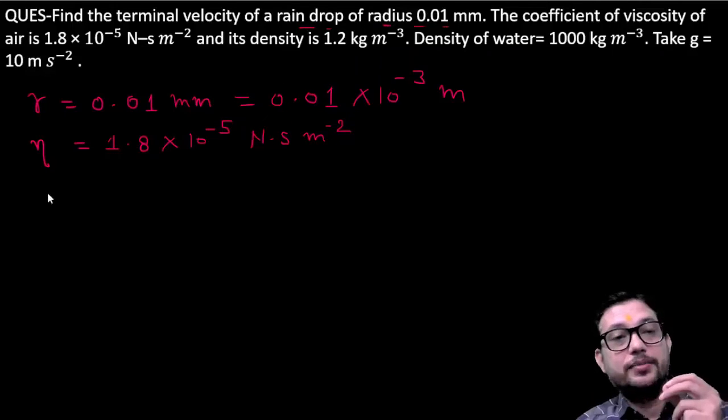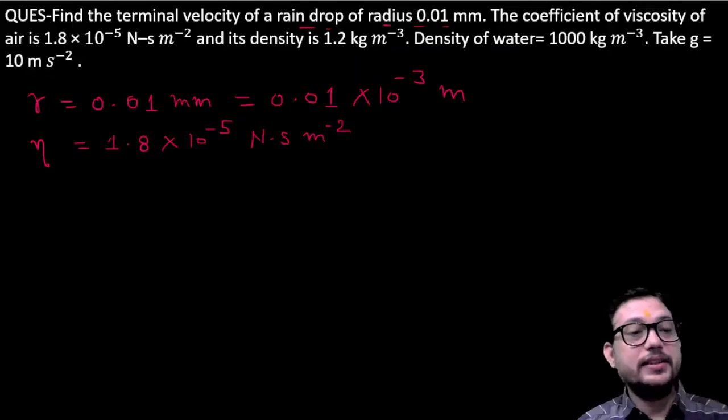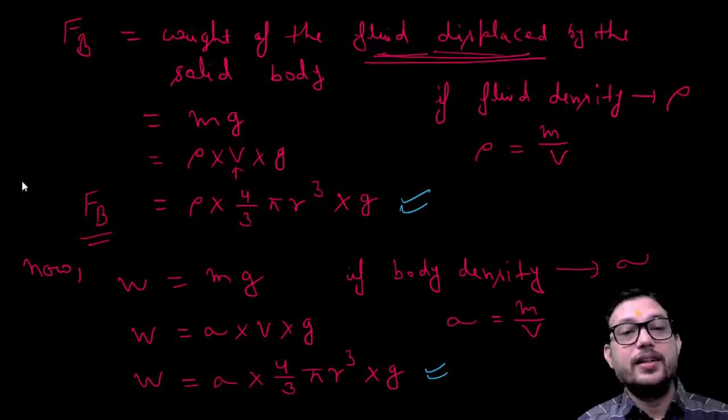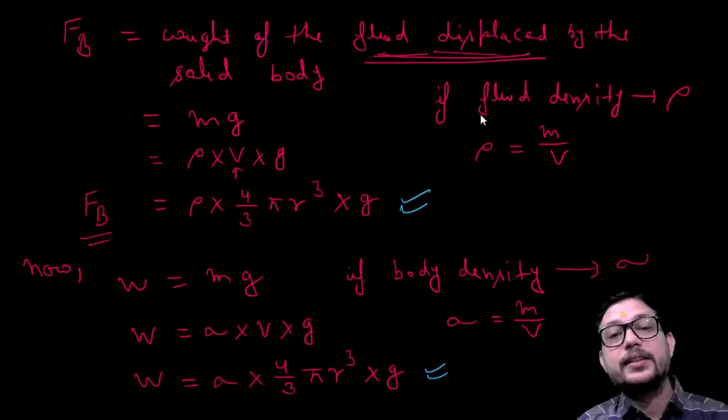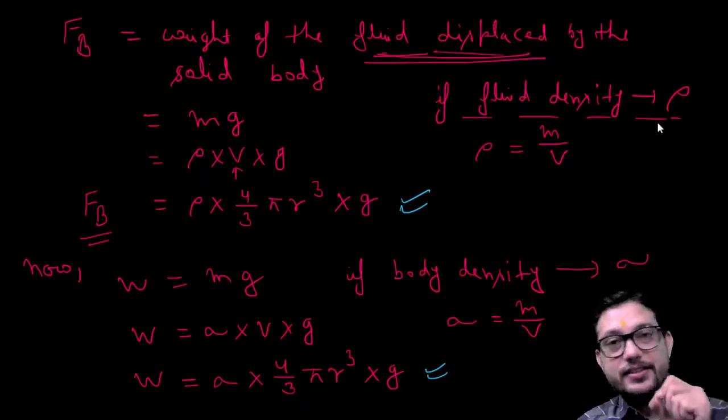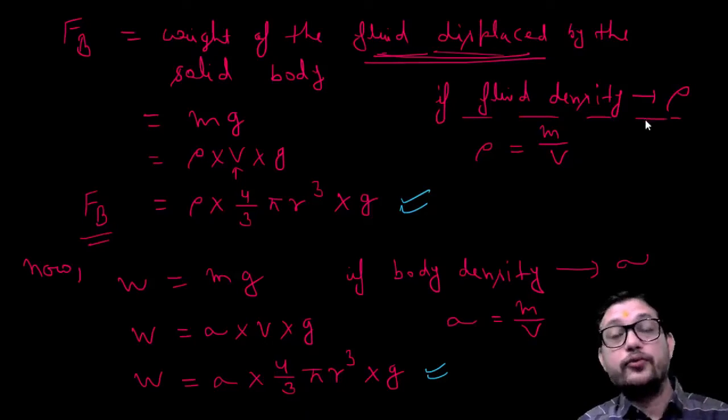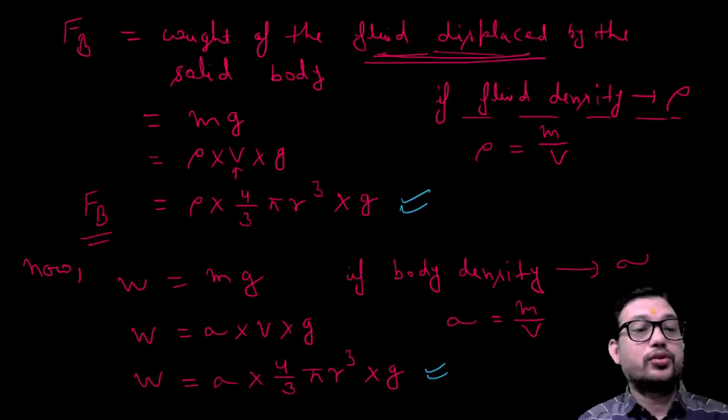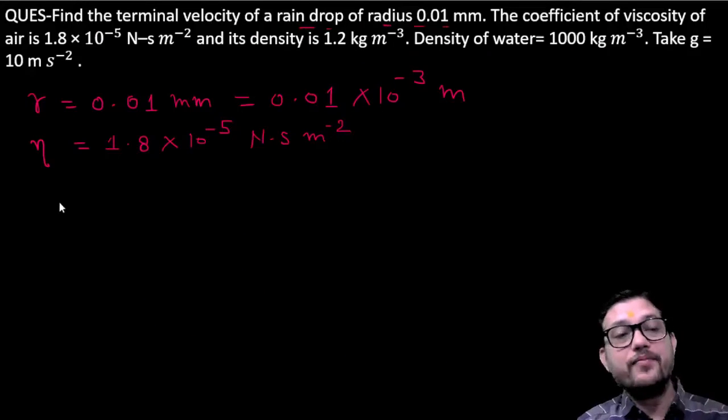Because, as you can see that I have written, the fluid density is rho, so we take the same rho, and here the fluid is air, so rho will be 1.2 kg meter inverse cube.